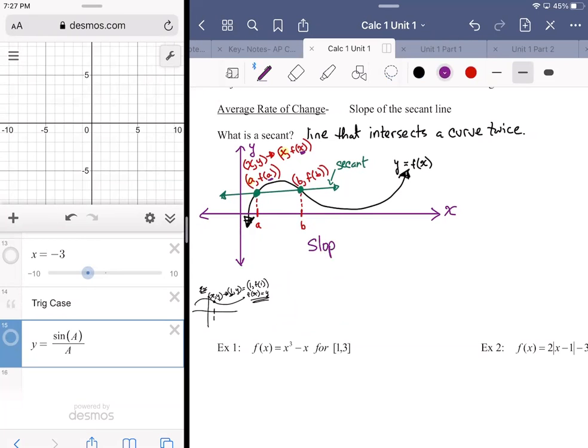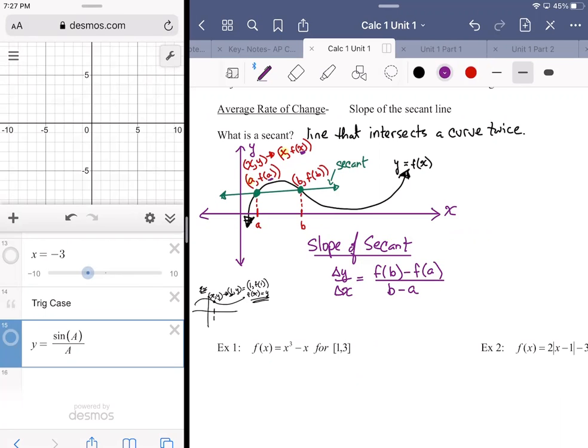So if I want the slope of the secant, I'd be looking at change in y over change in x. My y values are f of b and f of a, so the change between those would be f of b minus f of a. Then the change in the x values in the same order would just be b minus a.